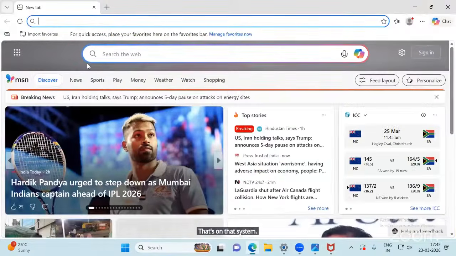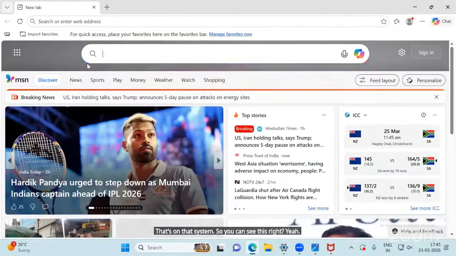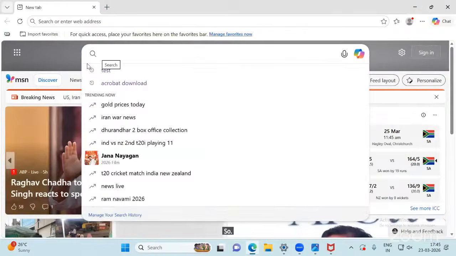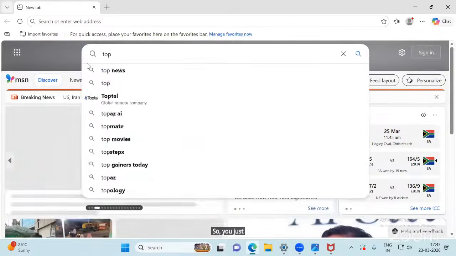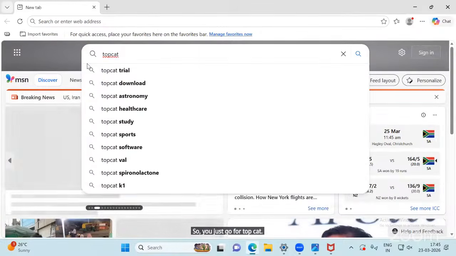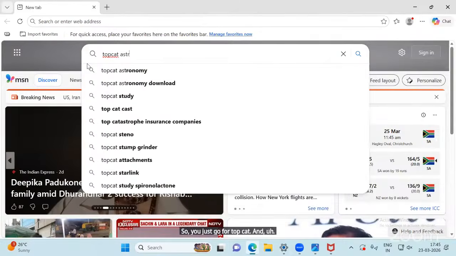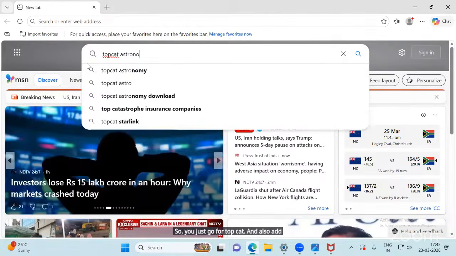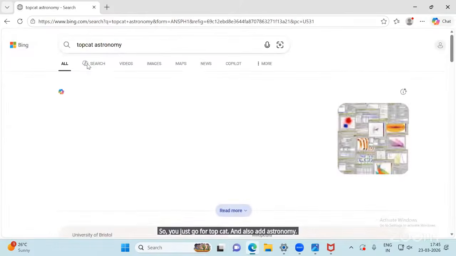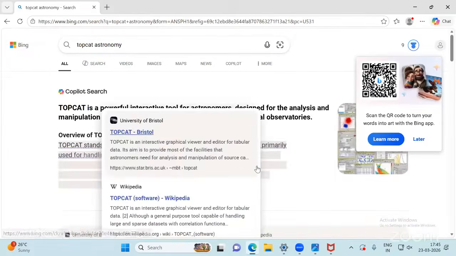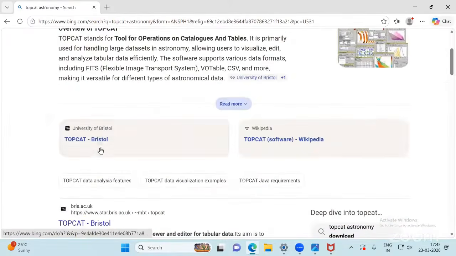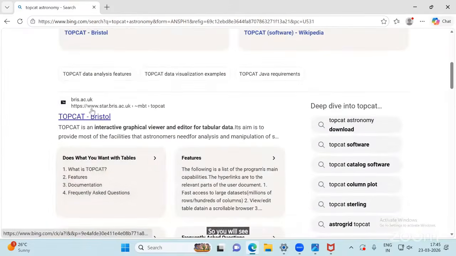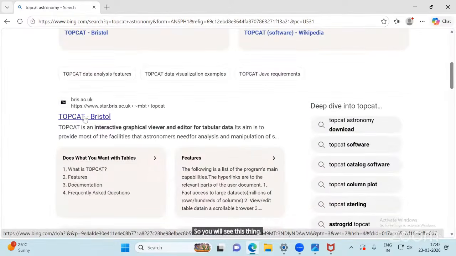So you can see this, right? Yeah. So you just go for TopCat and also add astronomy. So you will see this thing, bliss.ac.uk.